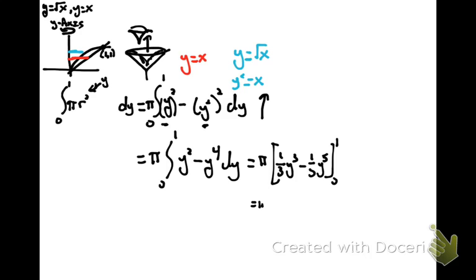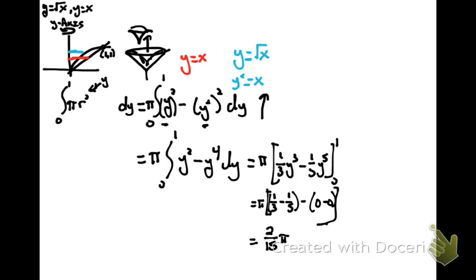Plugging in the two limits of integration, when we plug in 1, we will have 1/3 minus 1/5, minus, when we plug in the lower limit of integration 0, we'll have 0 minus 0. 1/3 minus 1/5 is equal to 2/15 pi.